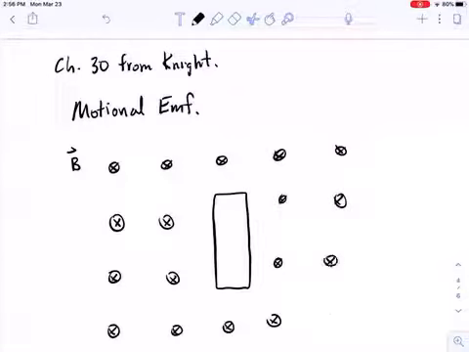What we're going to do is take that conductor and pull it through this magnetic field with some velocity v. Let's suppose that our conductor has some length L.